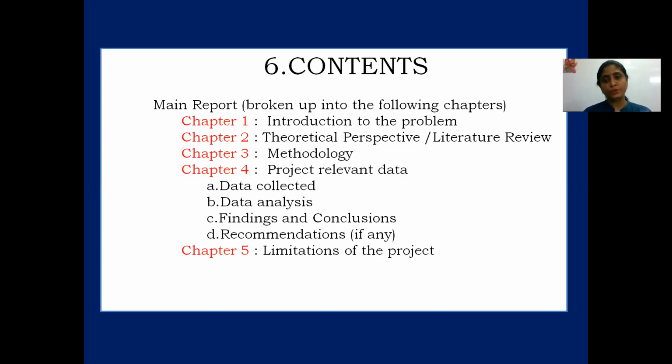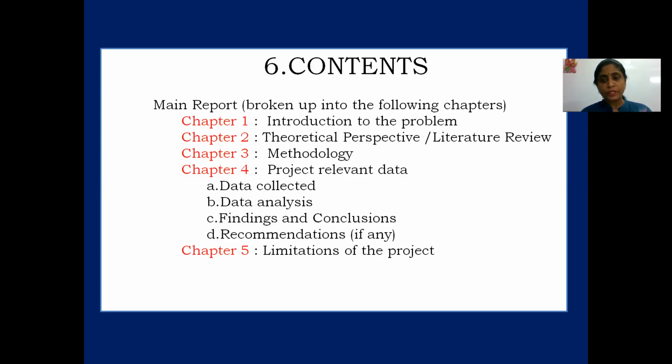Okay, in Chapter 2, literature review. That is the past data: the researchers have done research works on that particular topic or area. With this review of literature, you will get a clear idea about what research has been done on that particular topic.